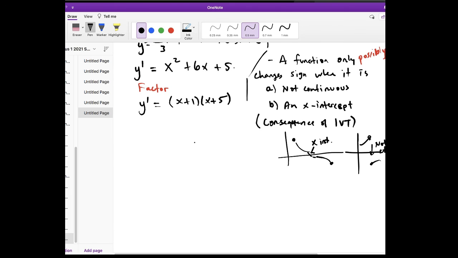Okay, another way of saying this is the following. And let me know if you understand why.